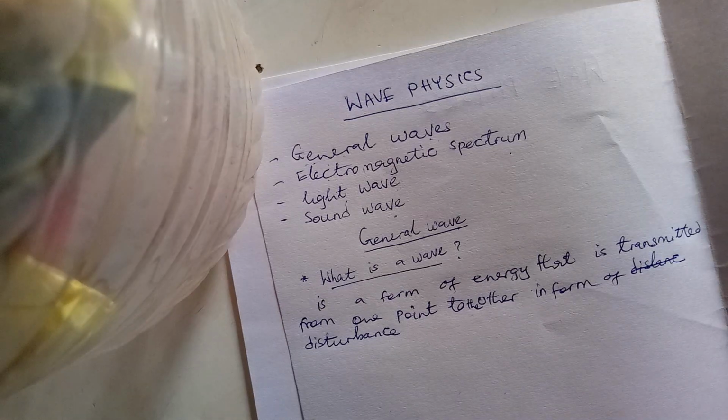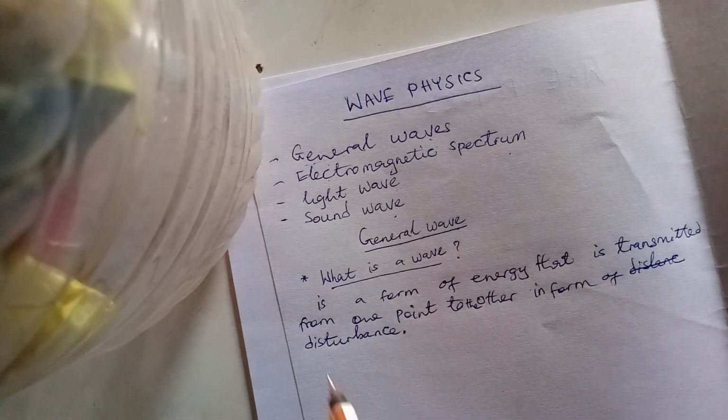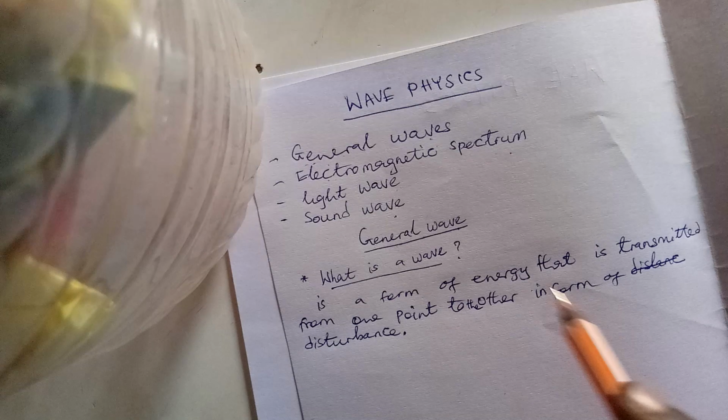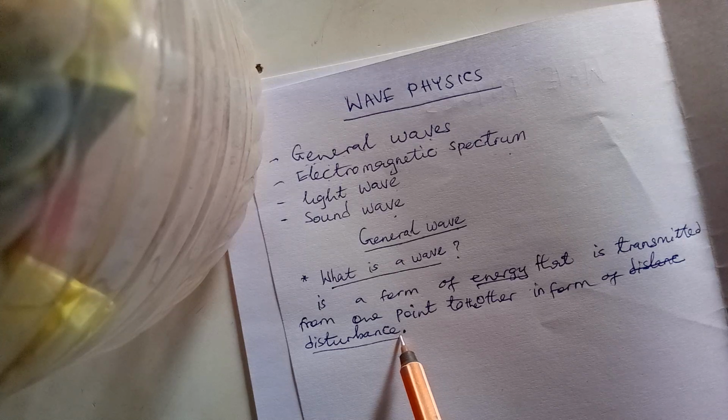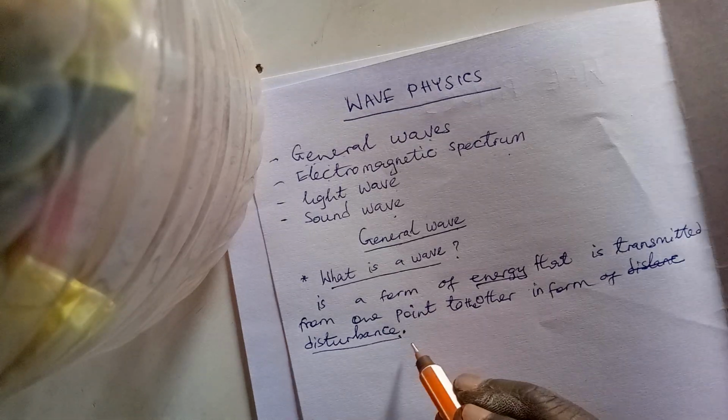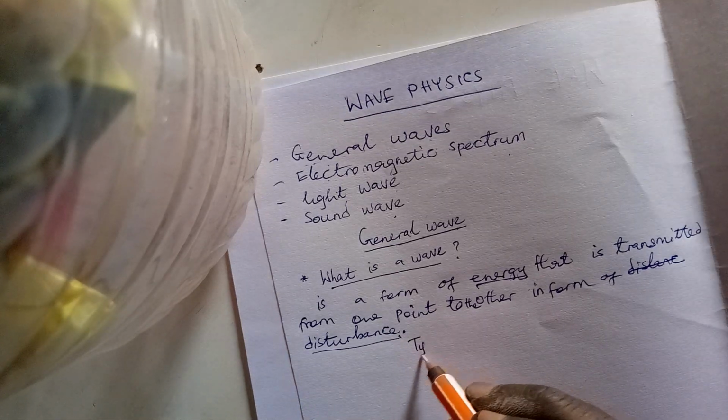That is what gives us a wave. So we are saying it is a form of energy. And how is it transmitted? In form of disturbances. So basically, we have two types of waves.